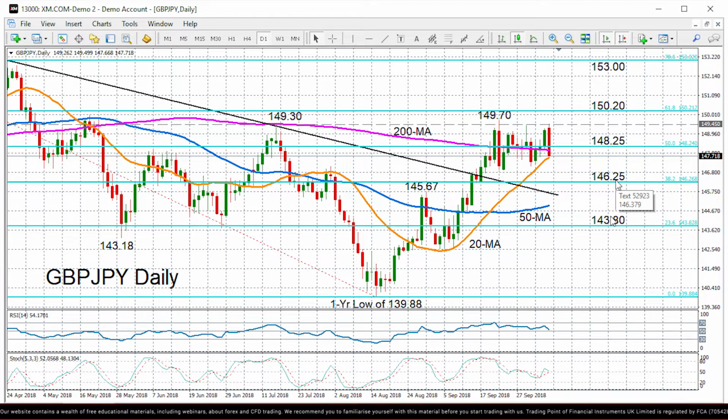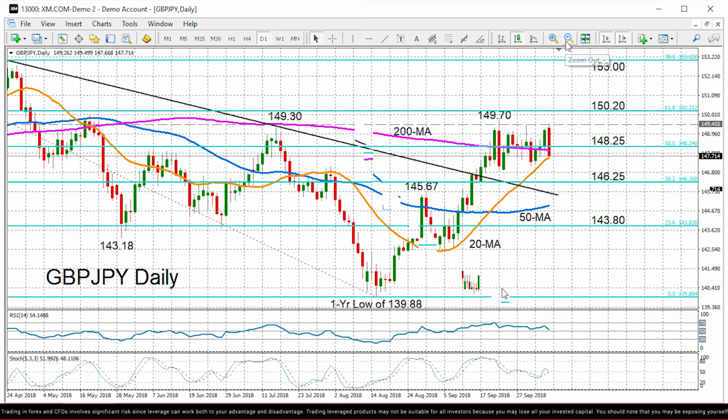Further declines, we could then see the 23.6% Fibonacci coming into range at 143.80. A drop below that level could accelerate the declines for pound yen, and we could see the pair heading towards that 1 year low of 139.88 from back in mid-August, and that would also shift the medium-term picture back to a bearish one.